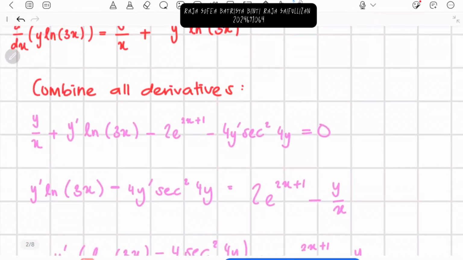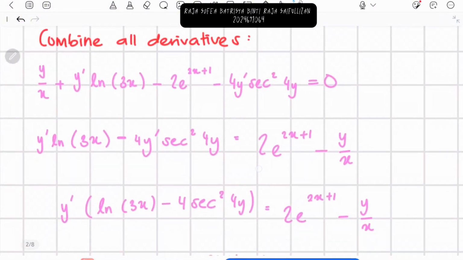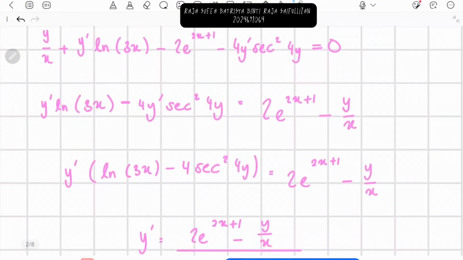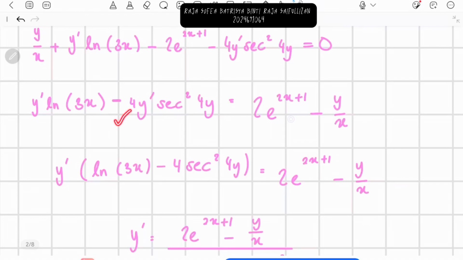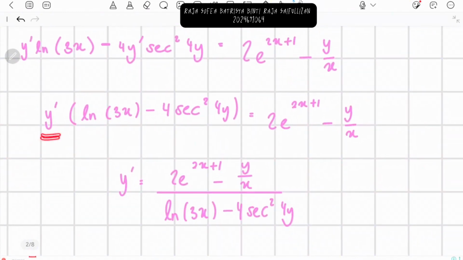For the next step, we need to combine all the derivatives like this, and then just combine all the y prime to the left side and the rest at the right side, and we got like this. After that, we need to factorize the y prime.